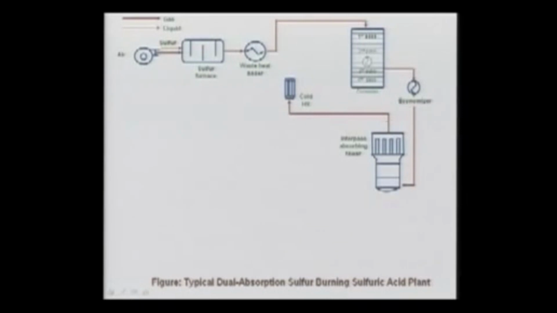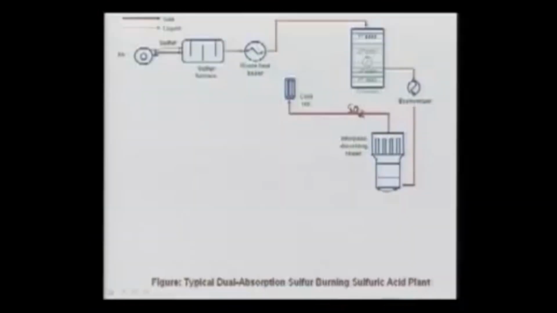Here we are no longer putting this into the atmosphere, but we are converting whatever SO2 was left back into SO3, because this is the SO2 which remained unconverted, which in my earlier process was going to the atmosphere.